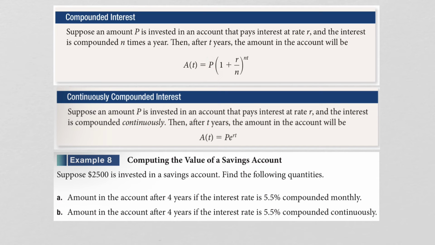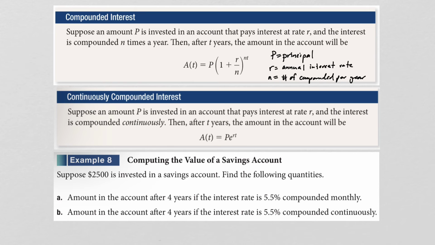So again, P is the amount of money you are putting into the bank. So a lot of times P is called the principal. R is the interest rate, but we need to remember that this is an annual interest rate. N is the number of times it's compounded per year.